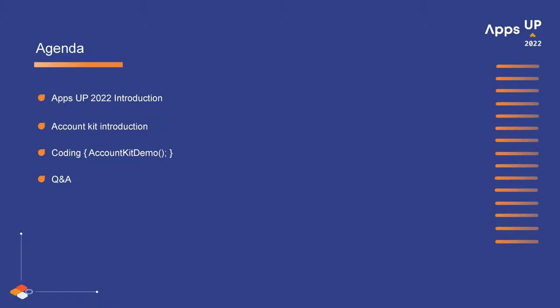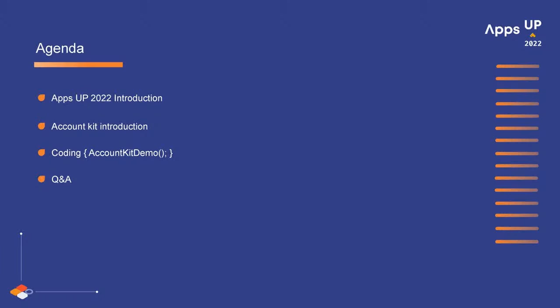First, I'm going to give a brief introduction to AppSap contest. I know some of you have watched our previous workshop videos, so I will keep this part short and quick to avoid repeating the same thing over and over again. Next, I will be introducing HMS Account Kit, which is an HMS capability that lets you add a sign-in function to your app.